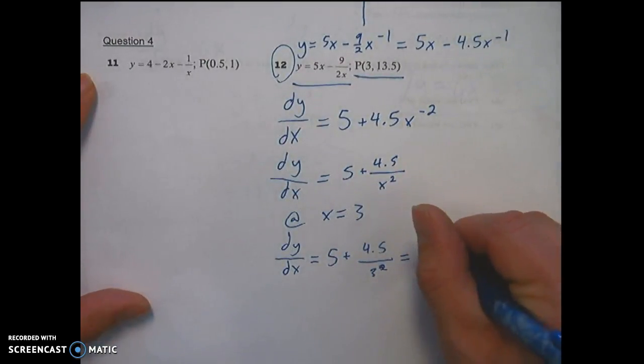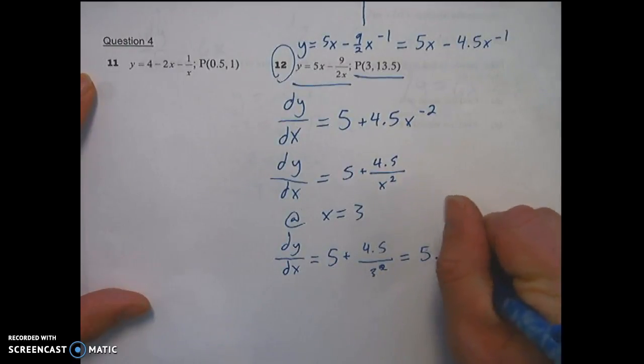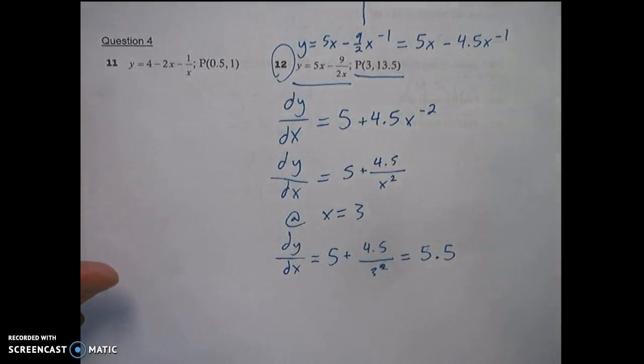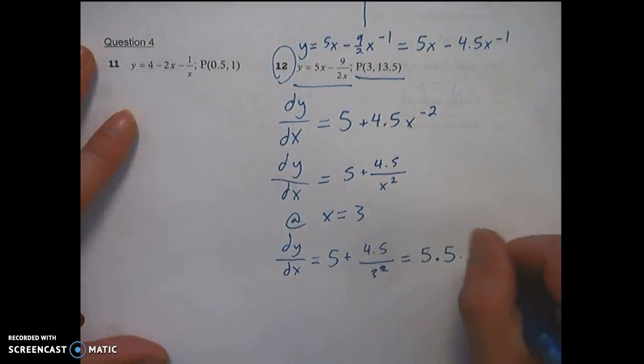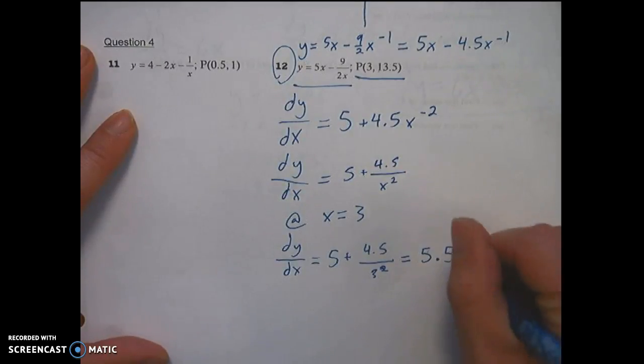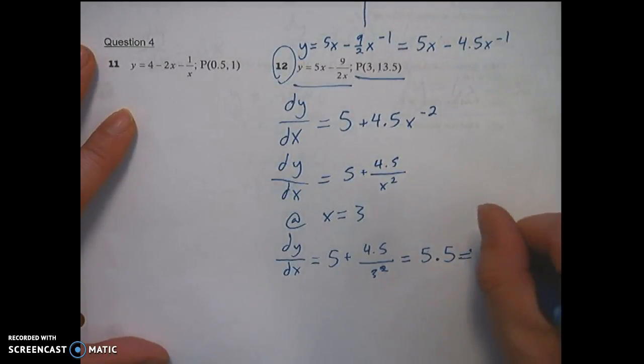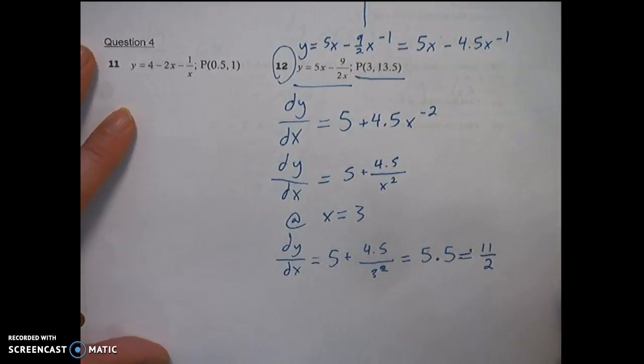So this is 5.5, the gradient at that point. But because I'm looking for the normal, I don't want this gradient. I want the perpendicular gradient, which is the negative reciprocal of this. It's a lot easier to find the negative reciprocal if you go ahead and make that a fraction. 5.5 is just 11 over 2.